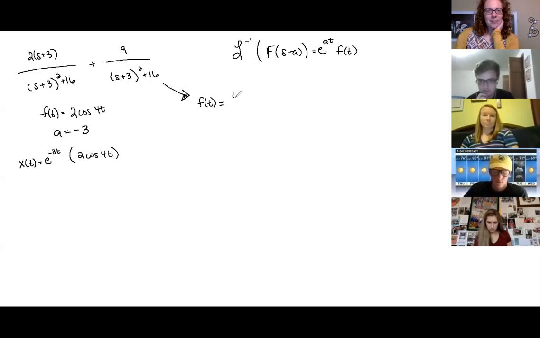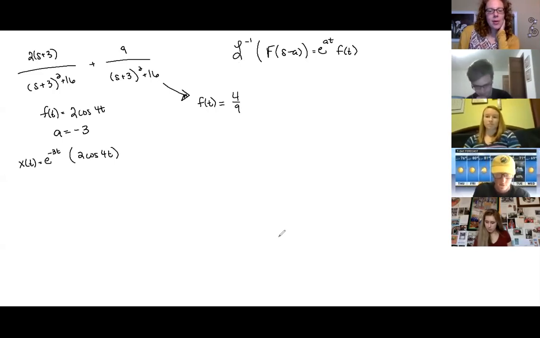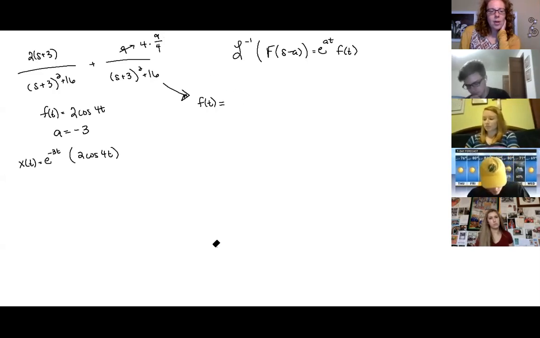4/9 sine of 4t. I like that. 4/9. It's upside down. You want 9/4 instead of 4/9 because you want 4 on the top. So we need to say 4 times 9/4. So 9/4 instead of 4/9. But other than that, you are totally right on. So we are going to have a 9/4 sine of 4t.